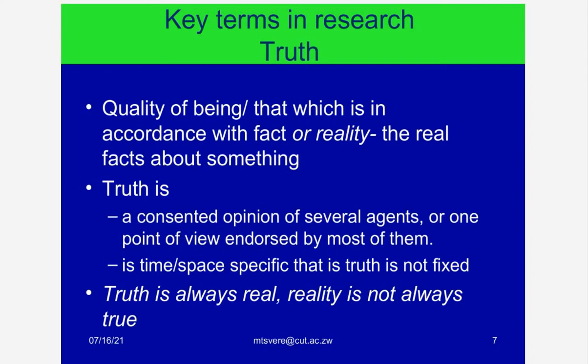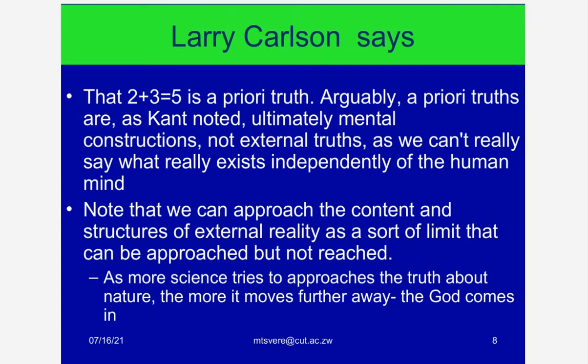In other words, philosophically, we argue that truth is not fixed. But truth is always real, although reality is not always true. Some of us might agree, some of us may not agree with that, but that is life, ladies and gentlemen.